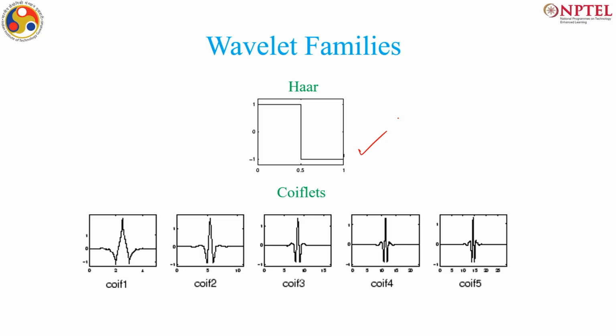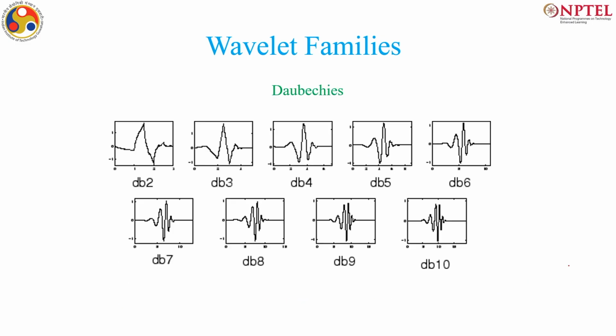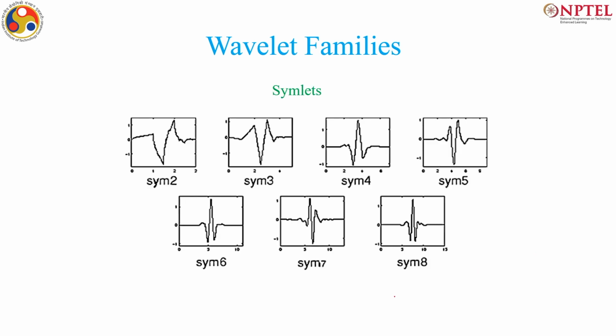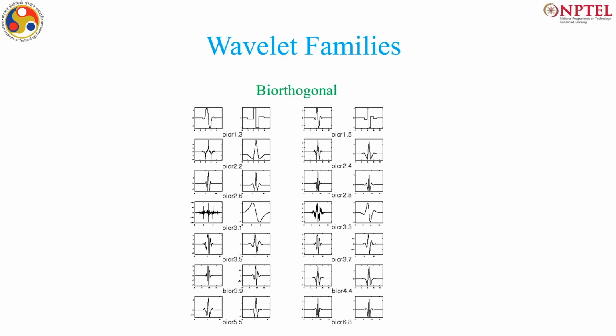This is Haar, already introduced. These are coiflets, and you see the pattern and how coiflet 1, 2, 3, 4 and 5 are evolving. Similarly, the Daubechies wavelet family. So, these are the families. We have symlets, and this is how symlets look, and this is the biorthogonal wavelets. These have been obtained from MATLAB.